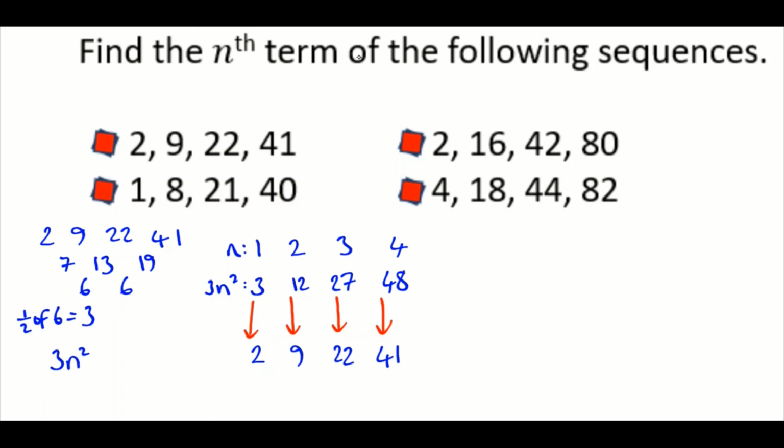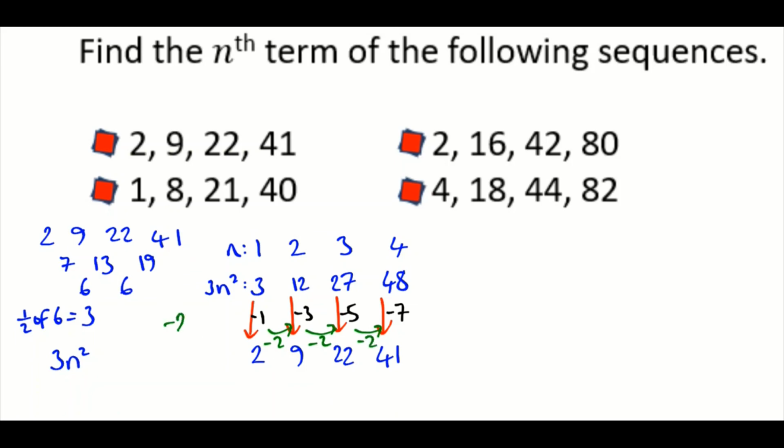Let's have a look. From 3 to 2, we take away 1. From 12 to 9, we take away 3. From 27 to 22, we take away 5. And from 48 to 41, we take away 7. So the formula for this, we're going from -1 to -3, that's subtracting 2, subtracting 2, subtracting 2.